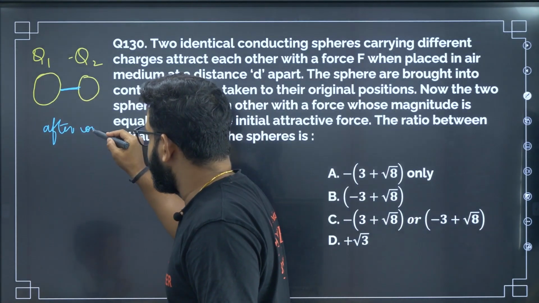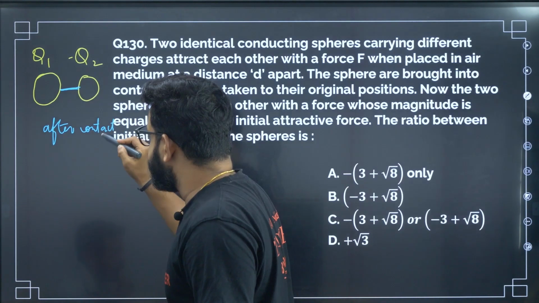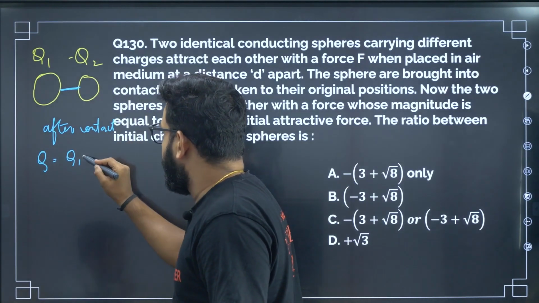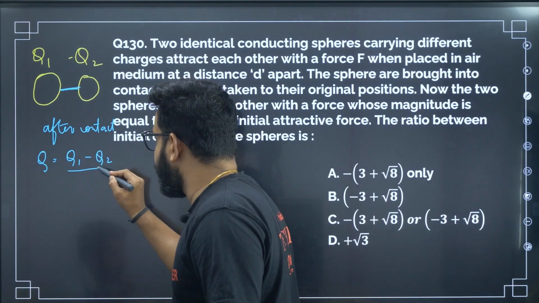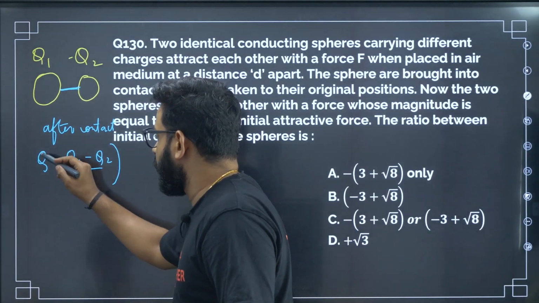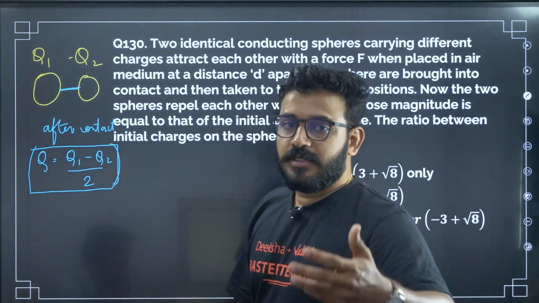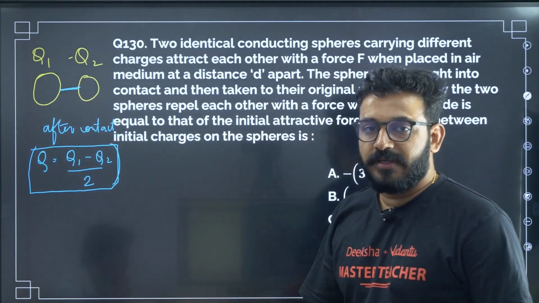Q is equal to Q1 plus Q2 divided by 2, average, but definitely considering the sign. So Q1 plus Q2 by 2.